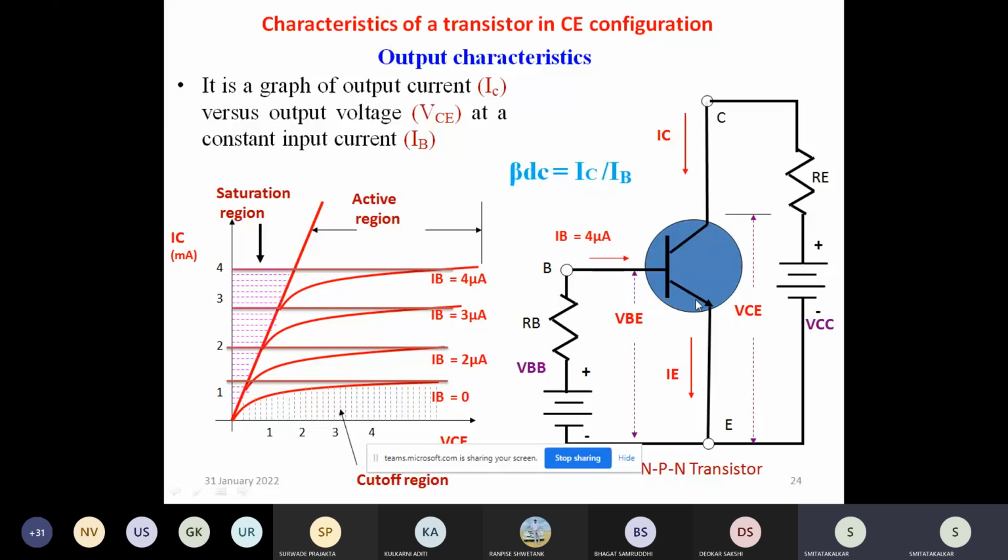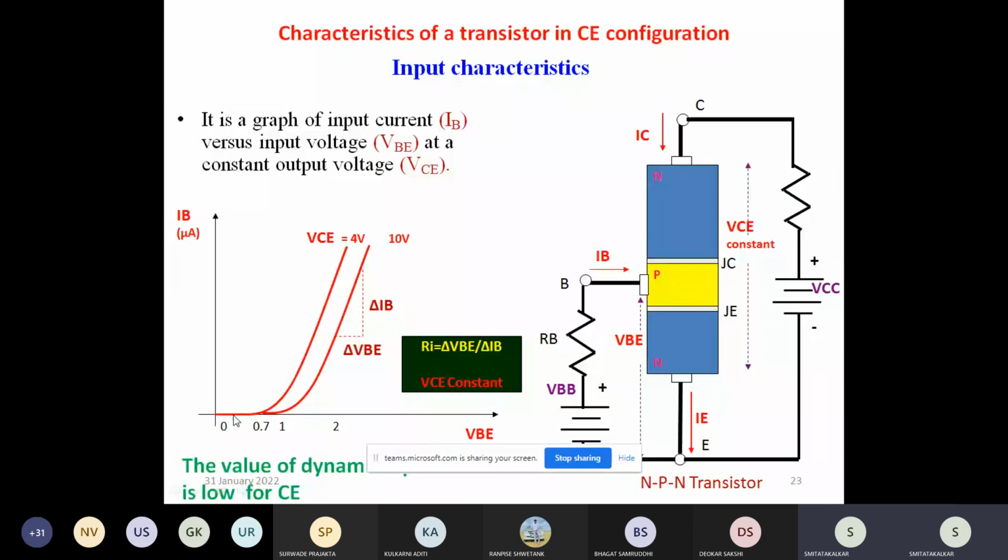Which circuitry? The transistor circuitry. Here is the input supply voltage, the input voltage 1 2 3 4 5, the supply voltage of the input voltage VBE, here the input characteristics. If the input voltage VBE is increased, there is formation of a junction.